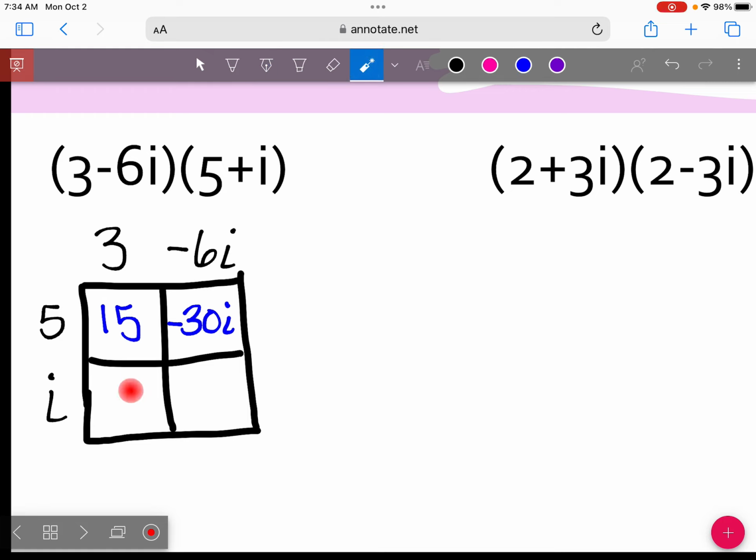Then we're going to have our 3 times i, which gives us 3i. And then our last one, we have minus 6i times i, which is going to give us minus 6i squared. i times i is i squared.